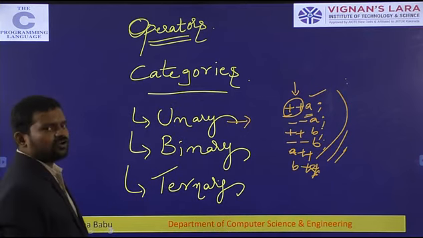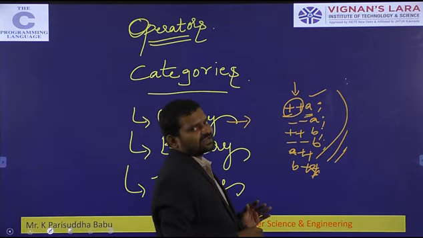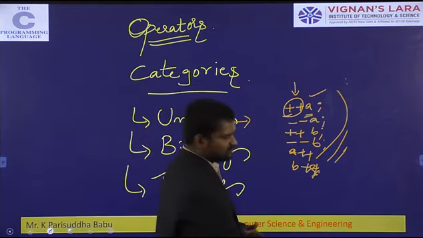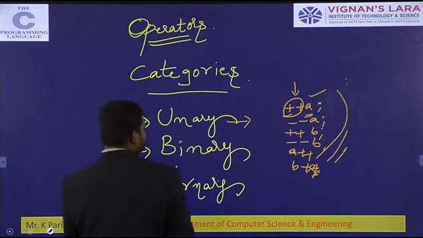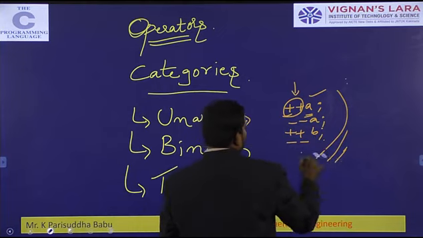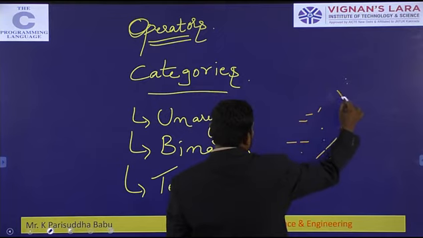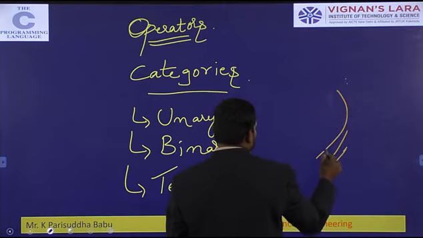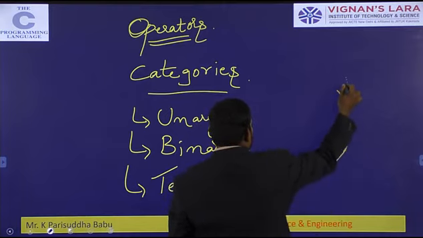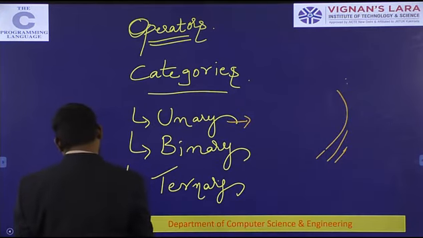An operator acting on only one operand is simply called a unary operator.